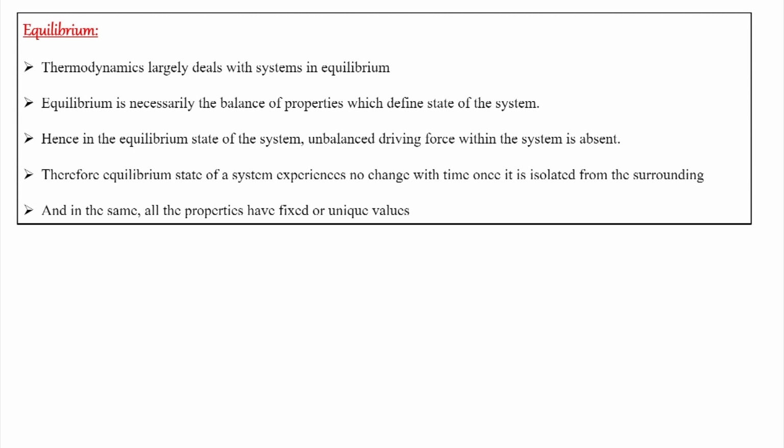Hence, when the equilibrium state of the system is achieved, we will not have any unbalanced force within the system which will change its properties. Once an equilibrium is achieved by the system, there is no change in any property of the system, since there is no driving force.